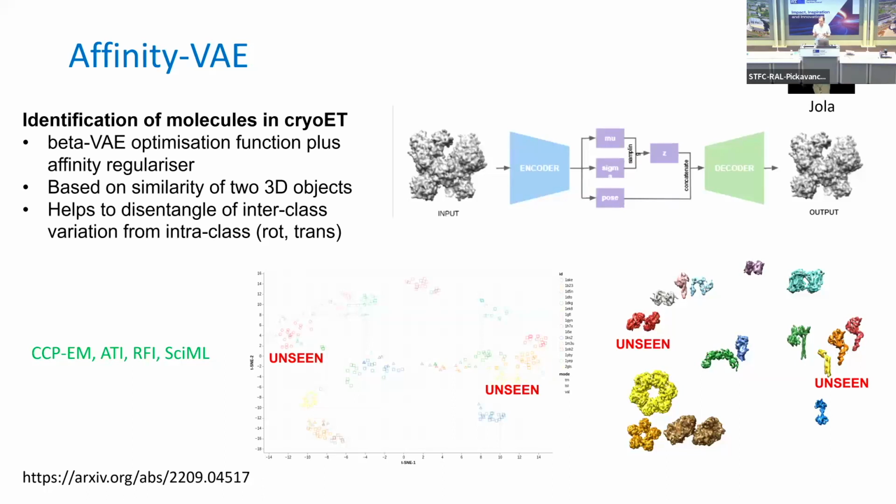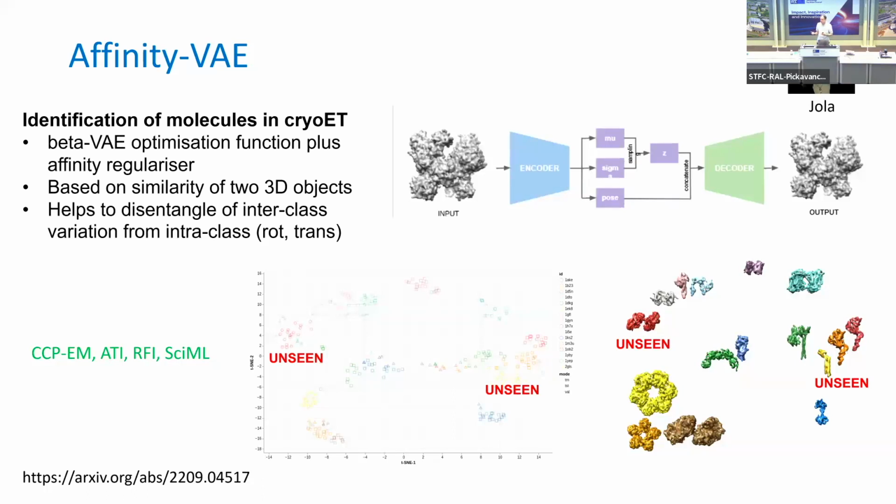And you essentially want to cluster them so that you can tell, I've got a bunch of ribosomes here, I've got a bunch of proteasomes here, whatever. So it comes down to a clustering problem with very, very noisy data. So they developed this Affinity VAE.